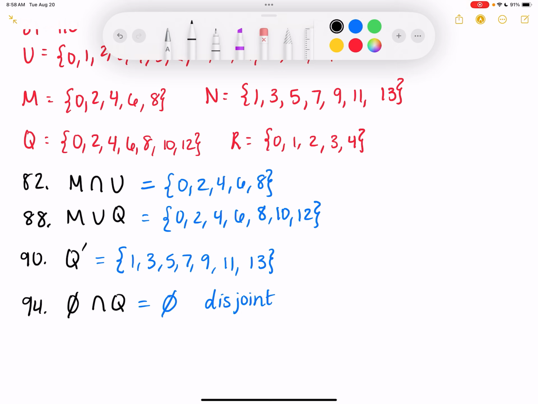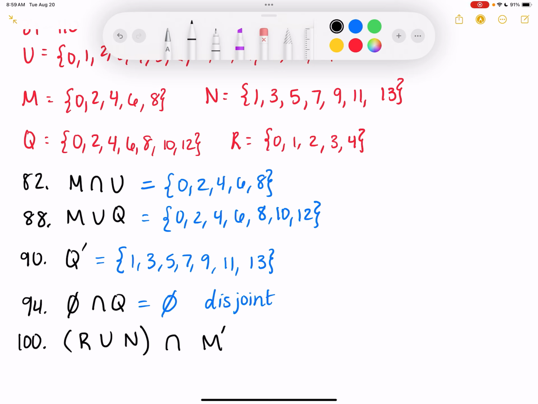And then the last one that we're going to do, unless y'all have questions, is 100. This one is a pretty intense one. It's R union N, in parentheses, intersected with M complement.